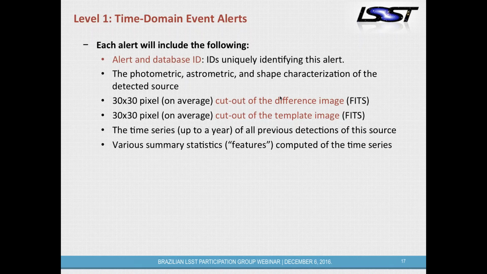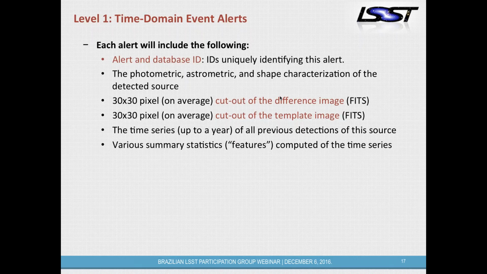We are also going to give you cutouts, small, roughly 30 by 30 pixel cutouts of the object and its surroundings, from the actual difference image and from the template image. This allows you, for one, to actually view the object and visually confirm that it's not an artifact, but also to run your own algorithms on those postage stamps to understand what the object is.